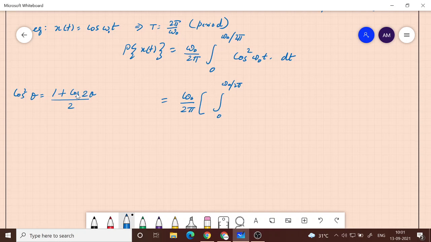So you can split it into two parts. One part you have half dt, the other part plus integral 0 to omega 0 by 2 pi of cos 2 theta, so that is cos 2 omega 0 t.